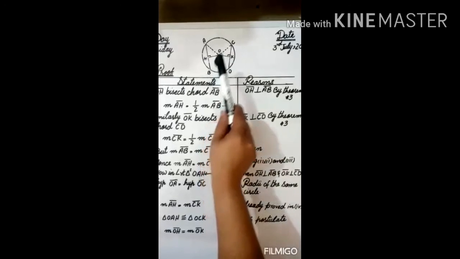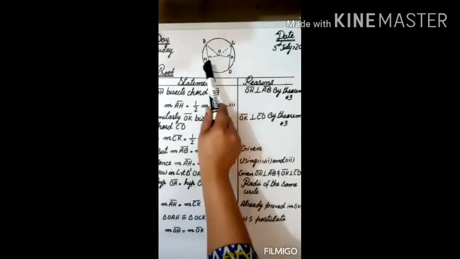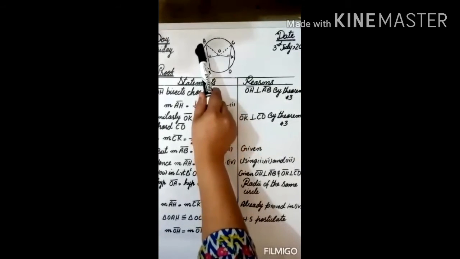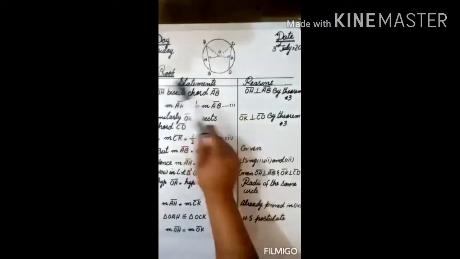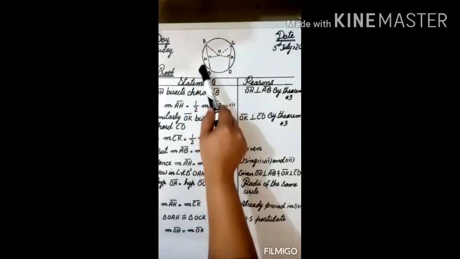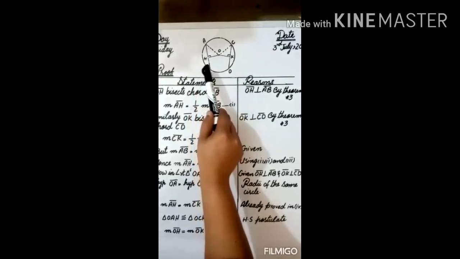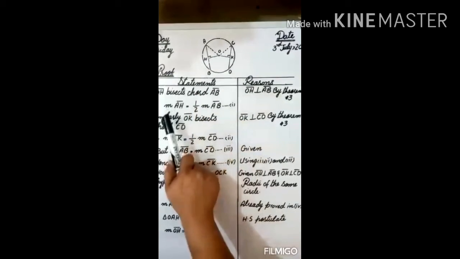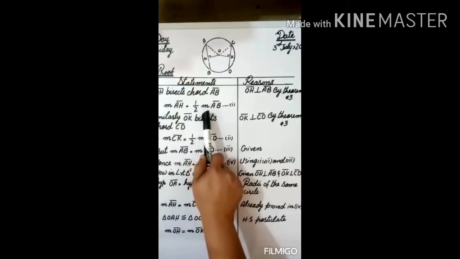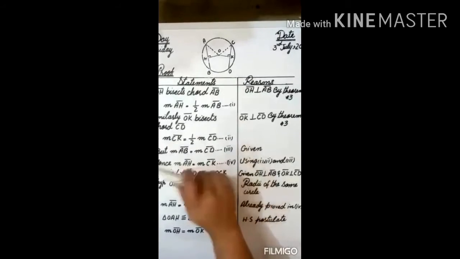Move on to the diagram. OH is perpendicular from the center on the chord AB and bisects it. That's why when OH is perpendicular to the chord AB, OH divides the chord AB into two equal parts. Then we can say that measurement AH is equal to half of measurement AB. This is equation number 1.